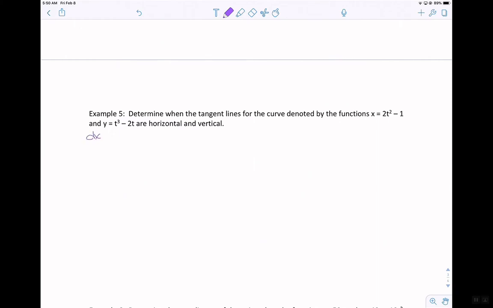So again, dx/dt, so 4t, dy/dt, 3t squared minus 2. And if I wanted to find dy/dx, I would take the ratio of the two. I can write dy/dx for you, just so you guys get practice: 3t squared minus 2 over 4t.